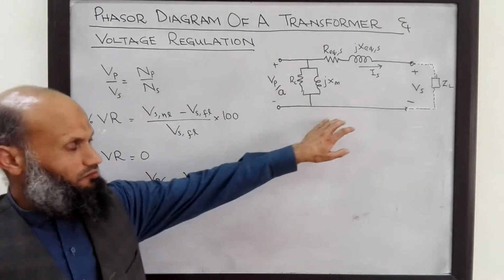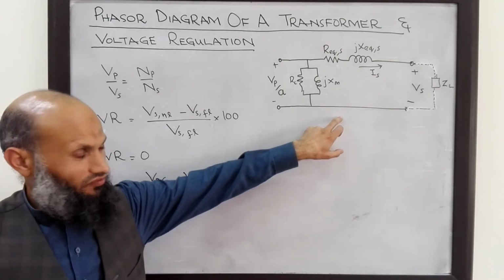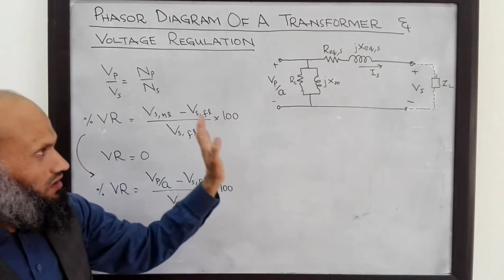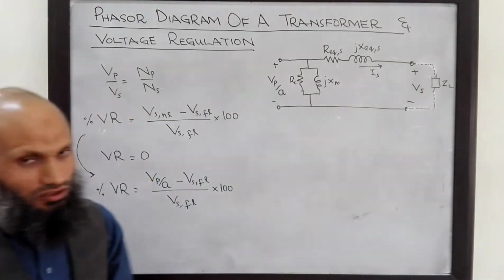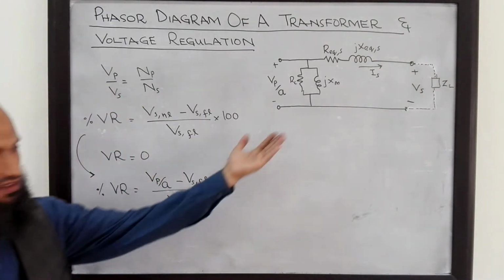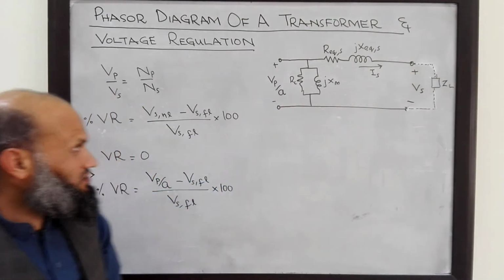Here is the simplified equivalent electrical circuit of a real transformer with all quantities referred to the secondary side. We have discussed this equivalent circuit in the last lecture.